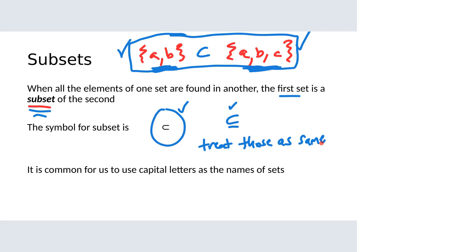I mentioned earlier when we had that capital R and the lowercase r that those are not the same as each other. And this is just a reminder that it's going to be common for us to use capital letters as the names of sets. And you'll see exactly what I mean by that in just a minute.